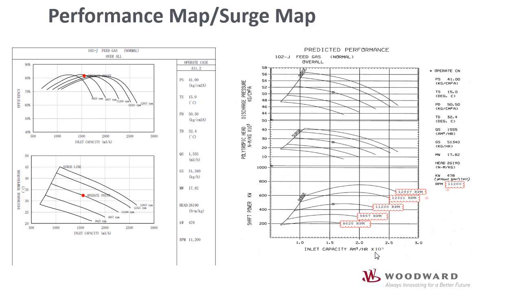If you pay attention, you'll find there are three kinds of map shown here. The first one is discharge pressure versus flow. The second one is polytropic head versus flow. The third one is shaft power versus flow. The most common one is polytropic head versus flow.